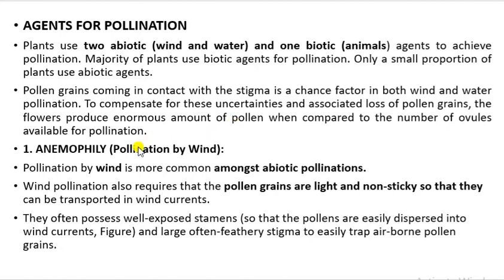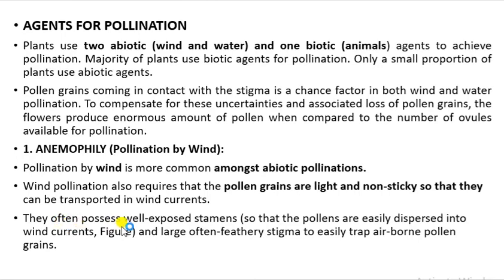Now the first type of pollination agent is anemophily, also known as pollination by wind. Pollination by wind is the most common type of abiotic pollination. Wind pollination requires specific characteristics. The pollen grains should be light so they can be easily carried by wind, and non-sticky so they can be transported in wind currents.